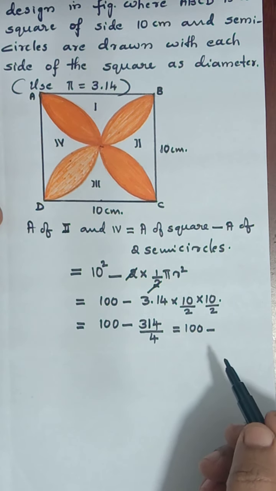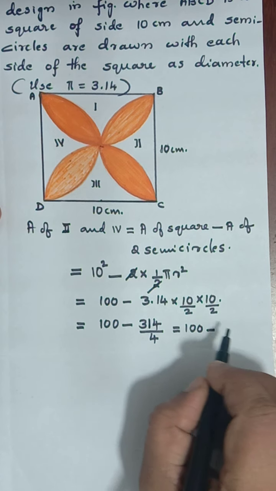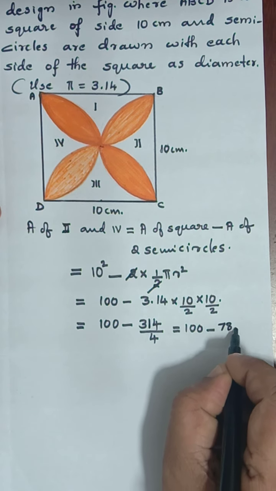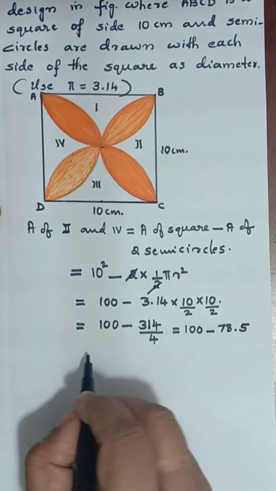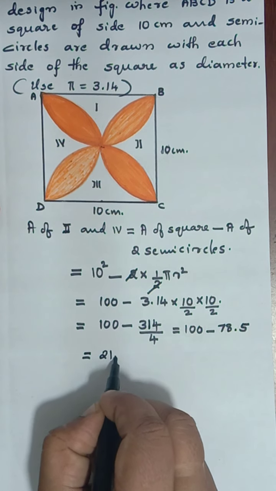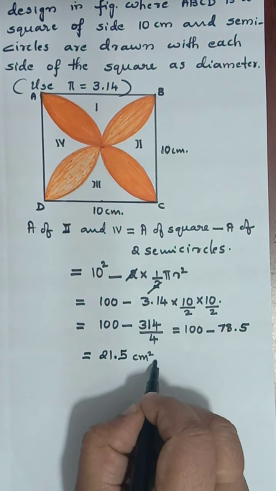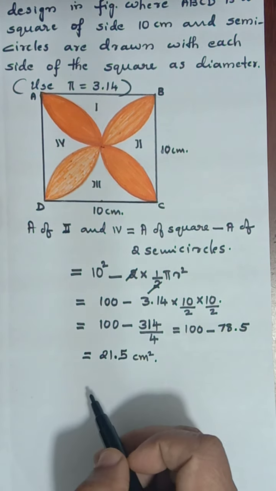Okay children, 100 minus 314 by 4. 314 by 4 you might have divided, 78.5 we are getting. So 100 minus 78.5 is 21.5 cm square. That is the area of two portions.